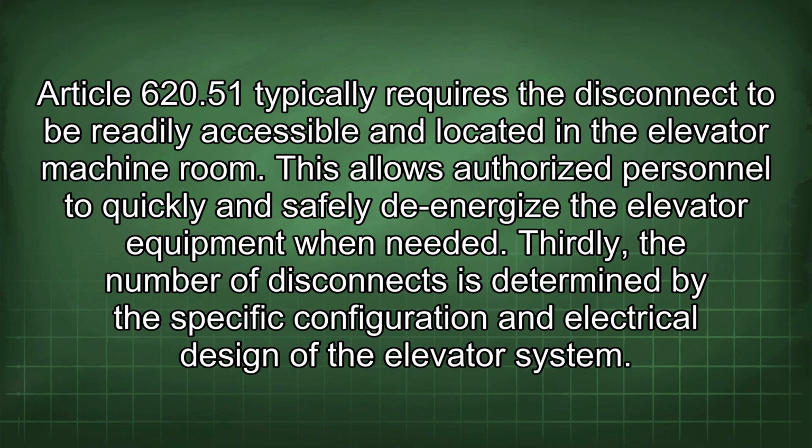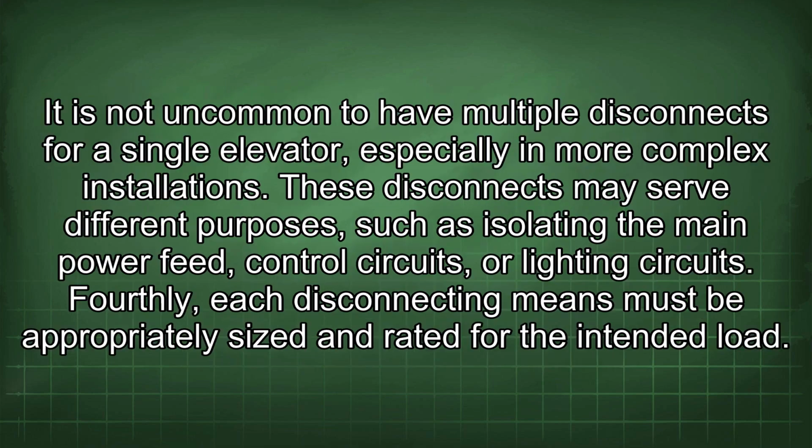Thirdly, the number of disconnects is determined by the specific configuration and electrical design of the elevator system. It is not uncommon to have multiple disconnects for a single elevator, especially in more complex installations. These disconnects may serve different purposes, such as isolating the main power feed, control circuits, or lighting circuits.